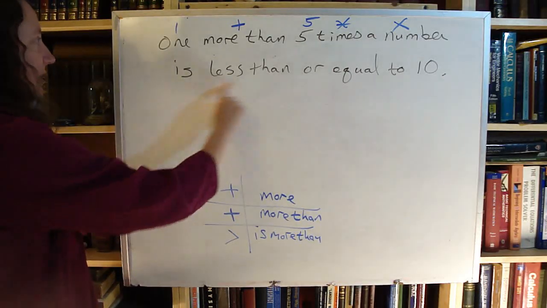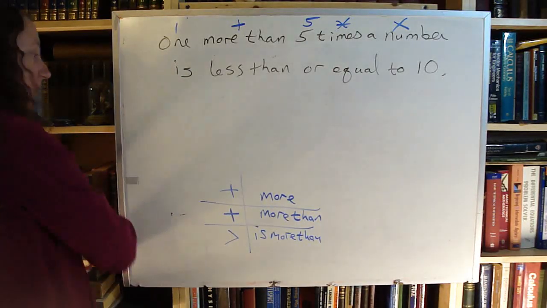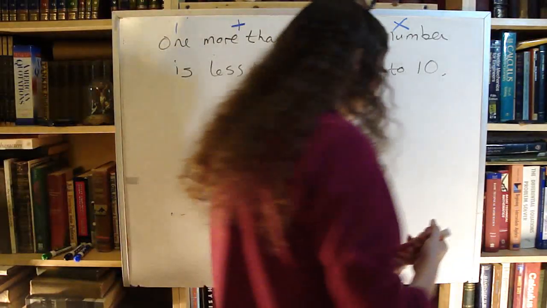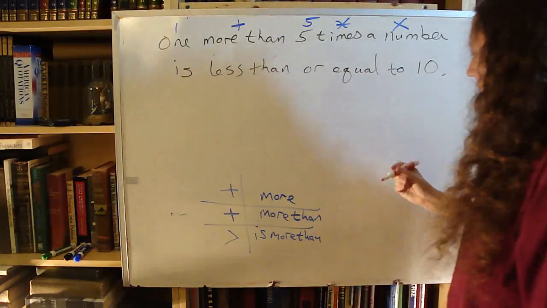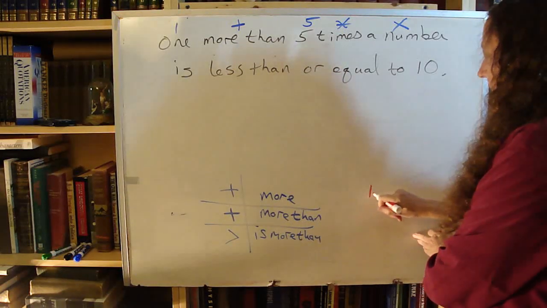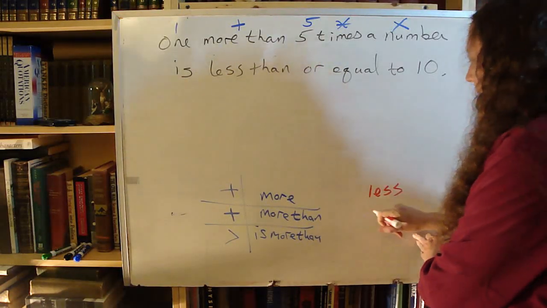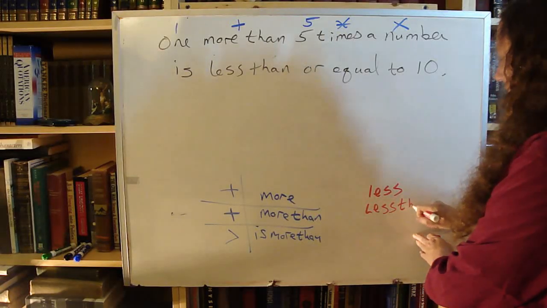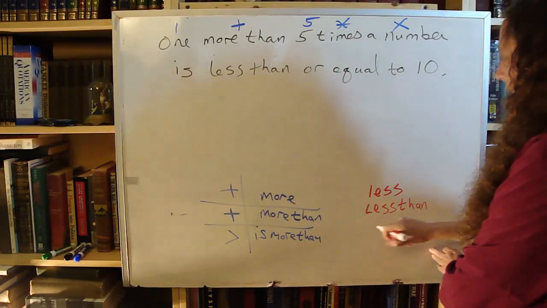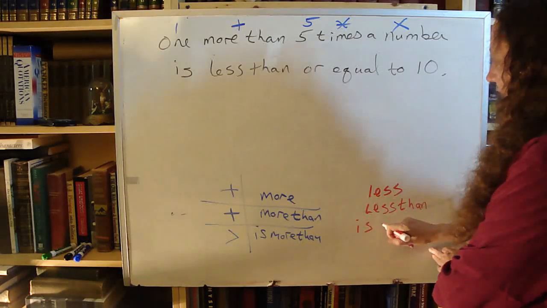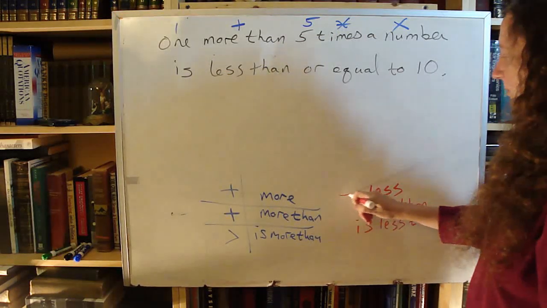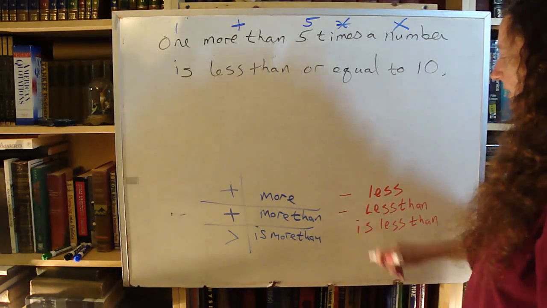Now we have the phrase is less than. So this is another of those ones where you have to be careful. You have the word less. You have less than. And you have is less than. Less means subtract. Less than means subtract.